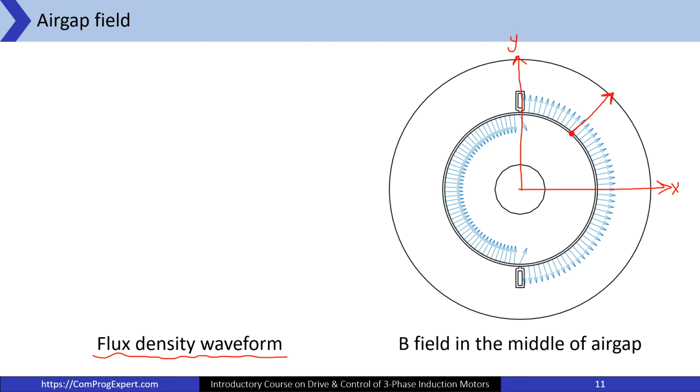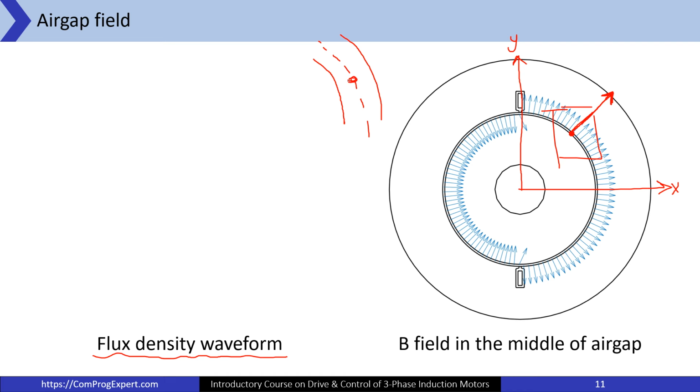Let me use an exaggerated amplitude for it. So this is B. Now let's focus on this part in the cylindrical coordinate system. If you consider this as the outer surface of the rotor core, and this is the inner surface of the stator, and this is the middle of the air gap.